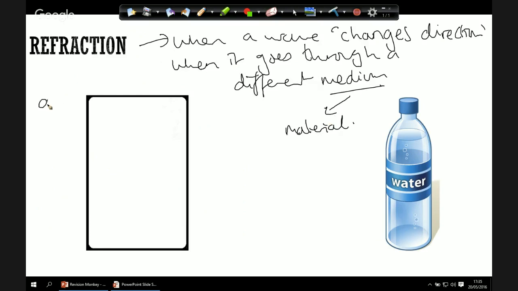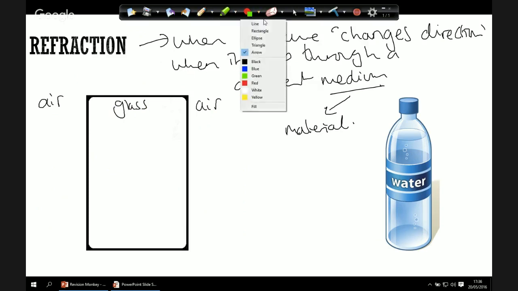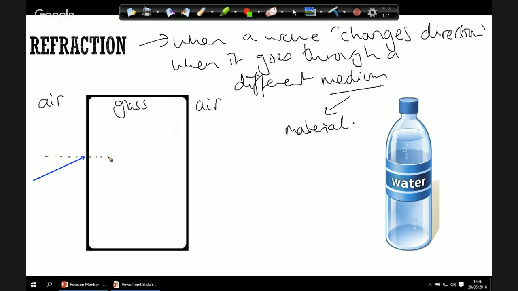For example, if we have a light ray that starts in air, goes through a glass block, and comes back out into air, we might have something that looks a little bit like this, where you have a wave going in. Okay, we need to draw our normal line on to help us. That wave will then bend towards the normal.